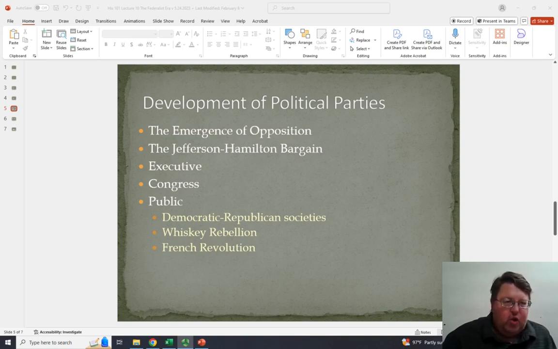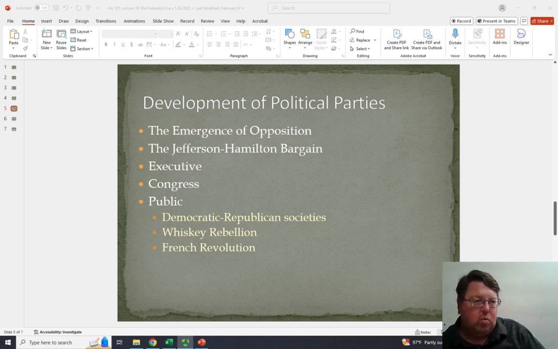President George Washington sends out the army, brings in the Continental Army, the state militias supporting the Continental Army, they send them out to put down the Whiskey Rebellion.